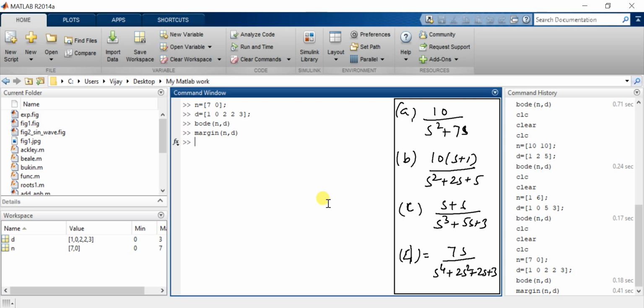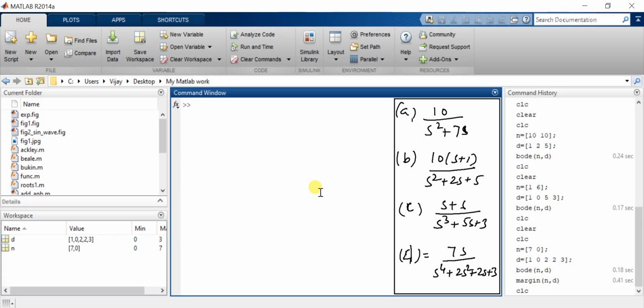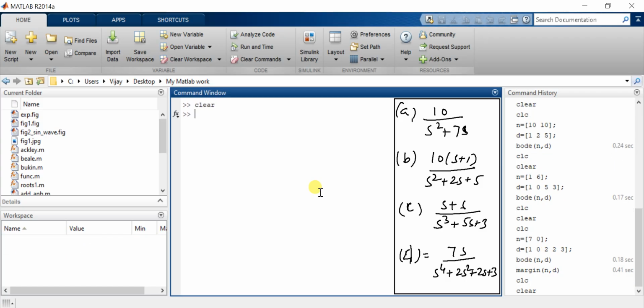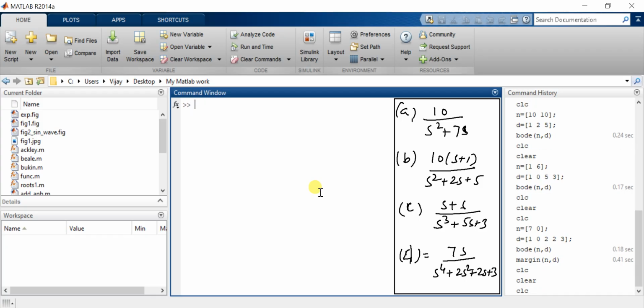Let's try to find it for another transfer function. Let's take C as a transfer function and try to find the margins. First I clear the workspace and then clear the screen. So let's take C as an example. You have to pass n equal to 1 and 6.